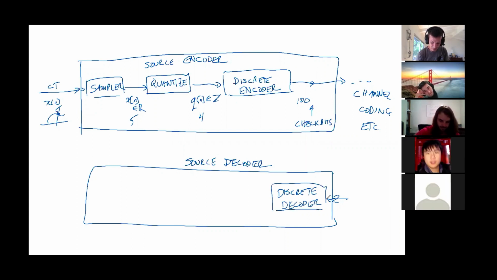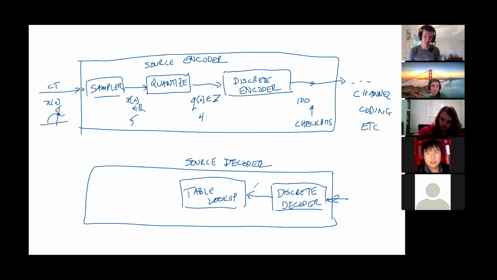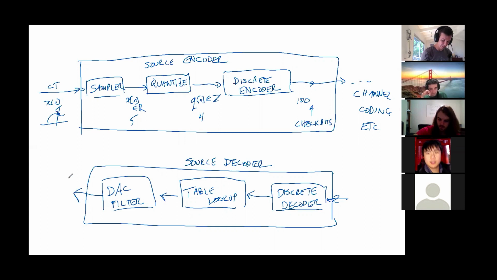So that would be check the bit sequence for any errors and use your forward error correction to correct for those. And then those we then pass through a table lookup. So this would be something like every 3 bits that come in, map that to a value. And then we'd have to put this into a digital to analog filter. And then out the other side is another continuous time waveform.